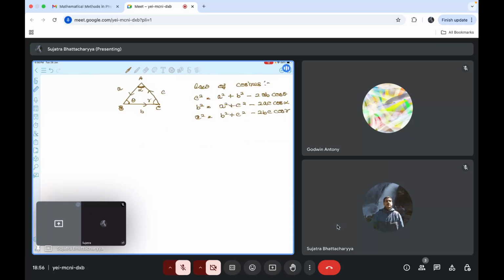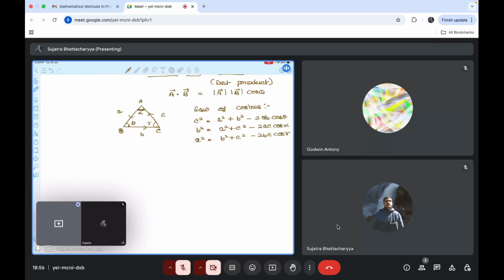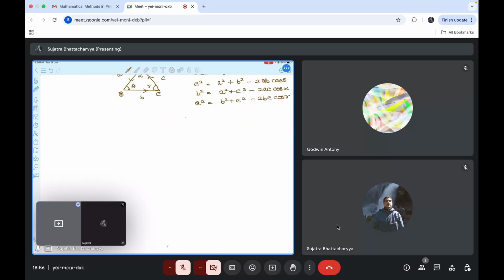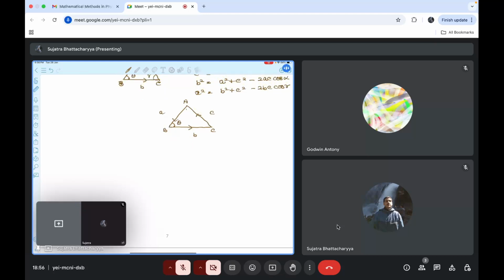The important thing is that if you consider these as vectors now, then what happens? You have this vector AB, BC, and this is CA, with magnitudes a, b, and c. This is suppose theta. We want AB dot BC. But using the triangle law of vector addition, what can we say?